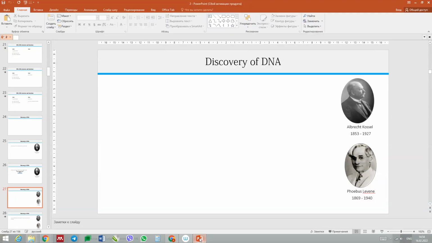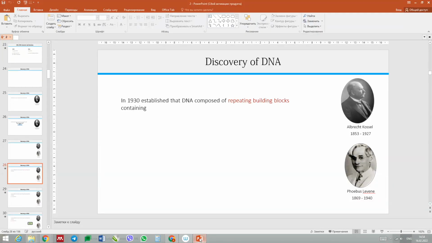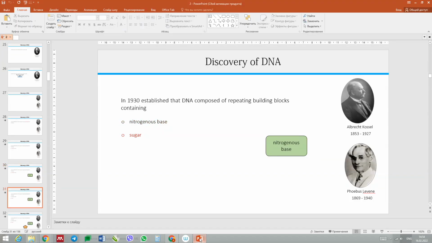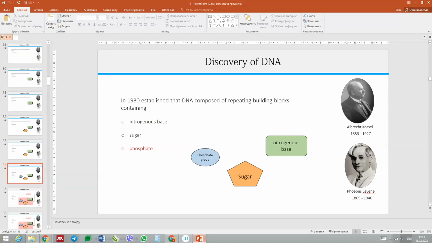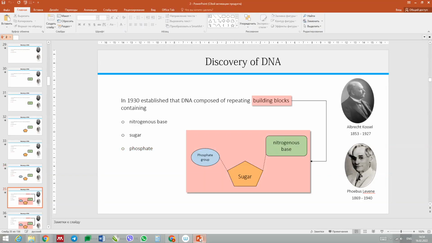Later, Albrecht Kossel and Phoebus Levene established that DNA that is located in the nucleus is composed of repeating building blocks. And these repeating building blocks are composed of several subunits: a nitrogenous base, a sugar, and a phosphate. Altogether, these three components make one building block of the DNA that we call a nucleotide.